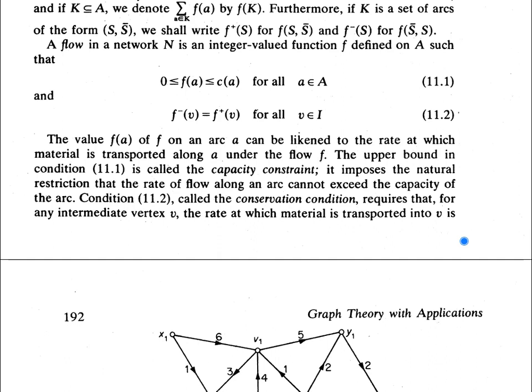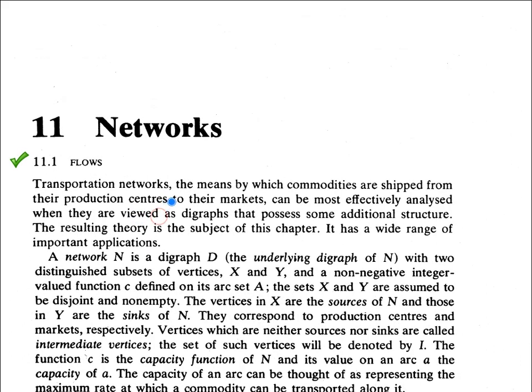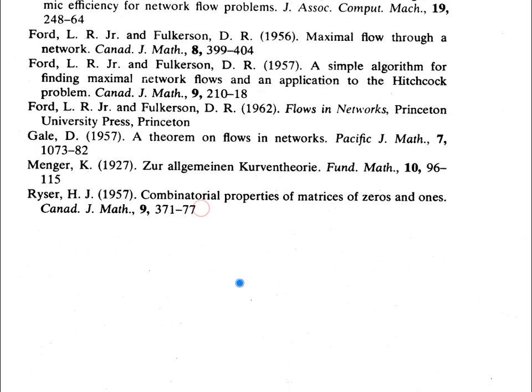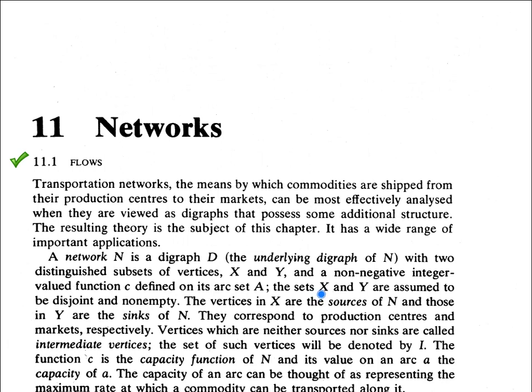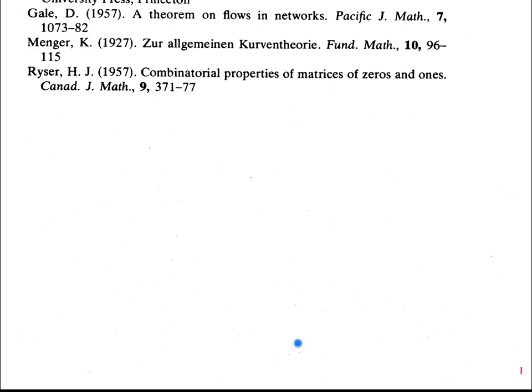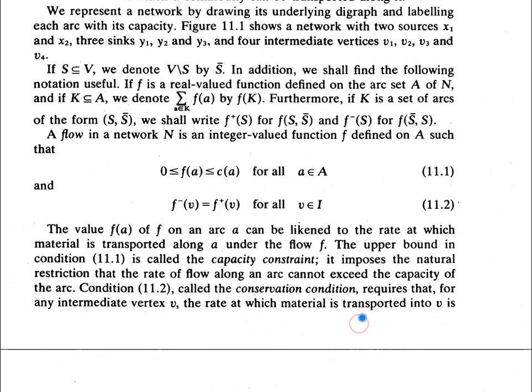And so you have these functions, a non-negative capacity for each arc, okay, and you are looking for functions which represent what you are actually sending through the different arcs, okay?